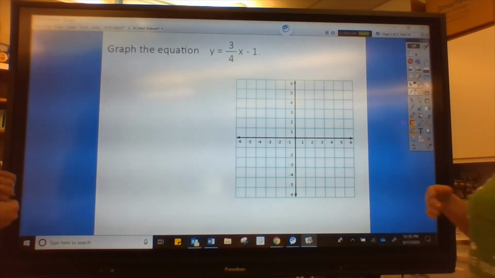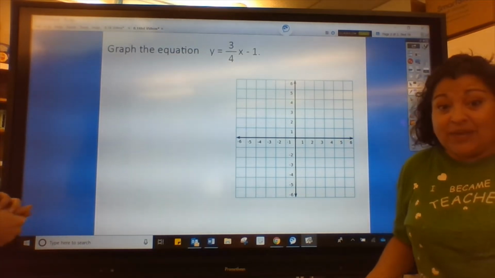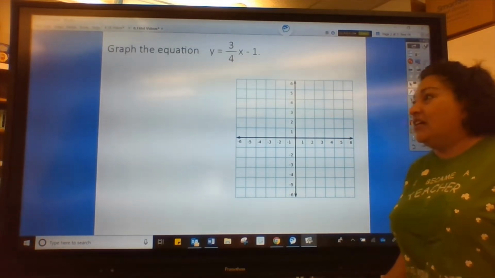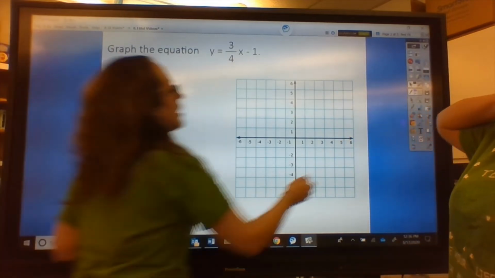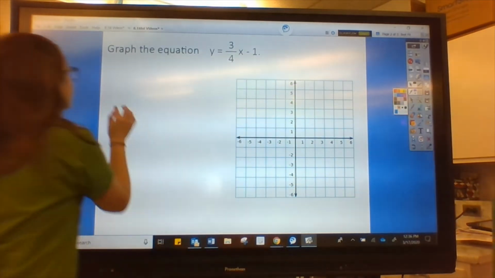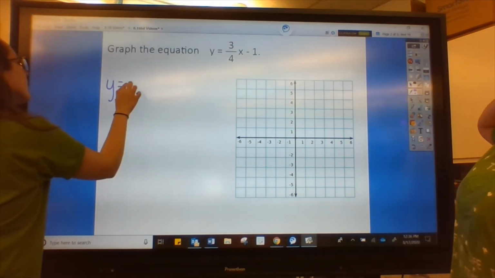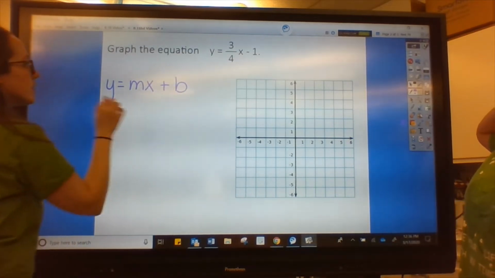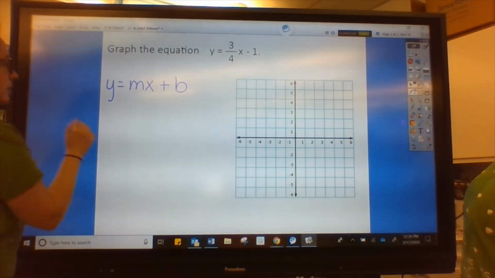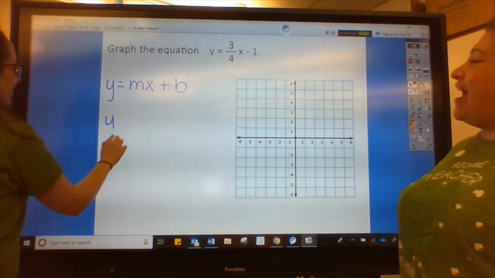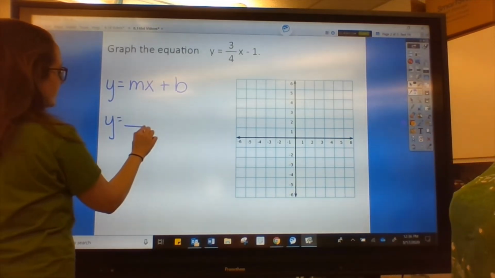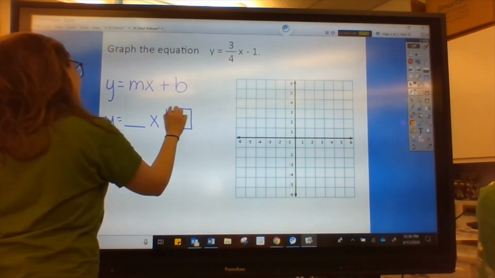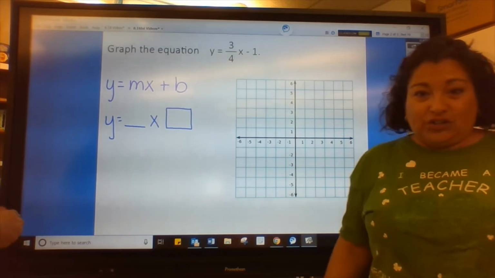Now, we have the mathy way of writing this, and then we have the Benson Boss way of writing this. Y equals mx plus b. The way Benson Boss writes it sometimes is y equals, and then a line and an x, and then a rectangle for the y-intercept.